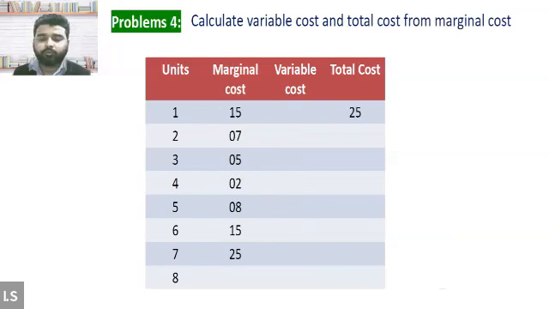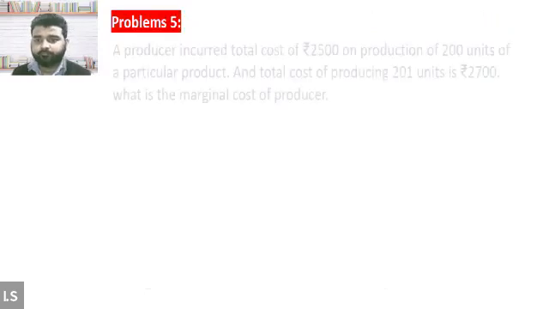That is what I have told you, that in the fourth problem you are not required to calculate the values at the 8th unit. I have mistakenly given the 8th unit. The question is only till the 7th unit. Okay.